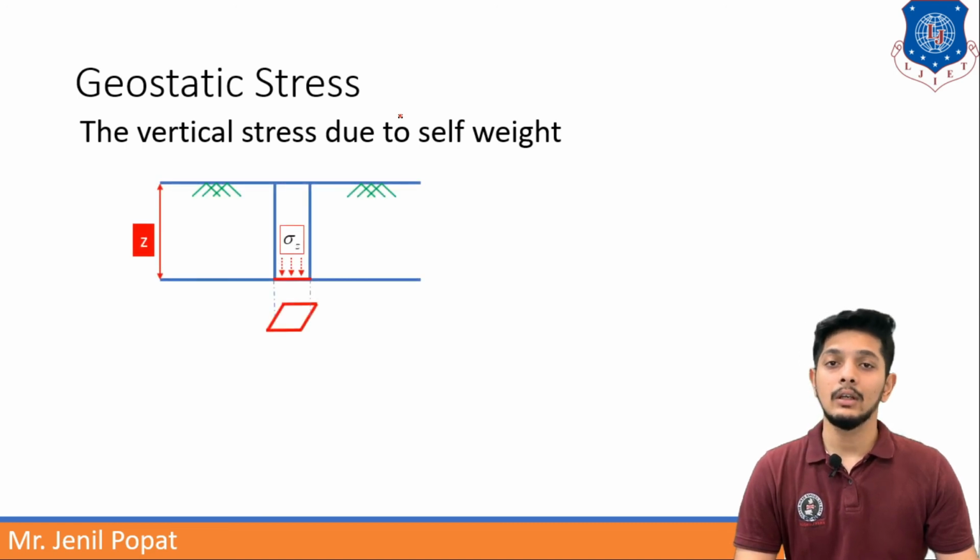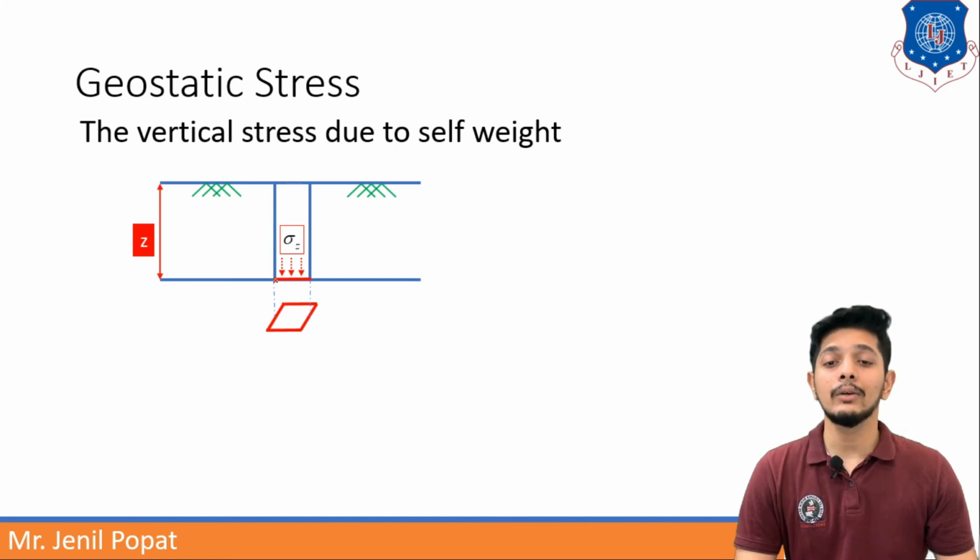Here, this figure is showing a soil layer and I am applying load from the building, and these green lines are showing the ground line. So, this is my ground line. The building is situated over the ground line and it is applying some load.